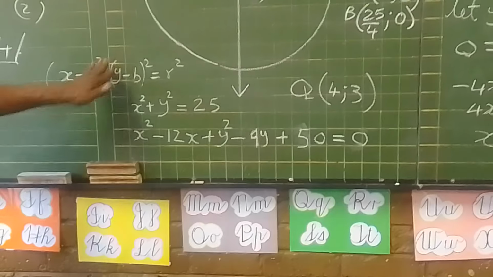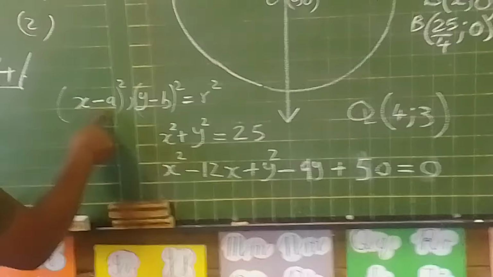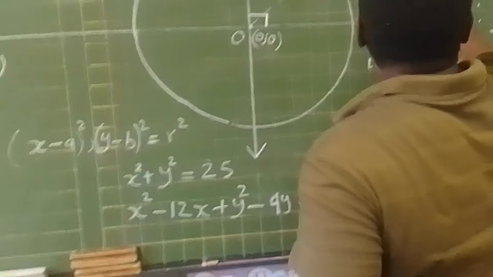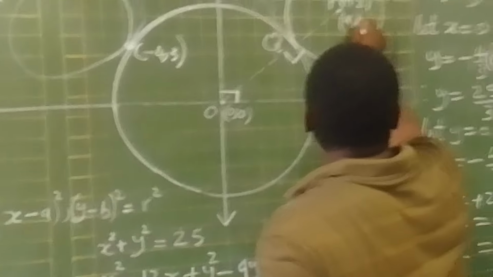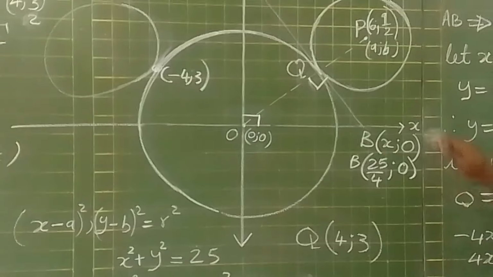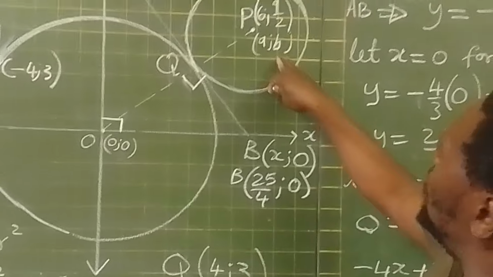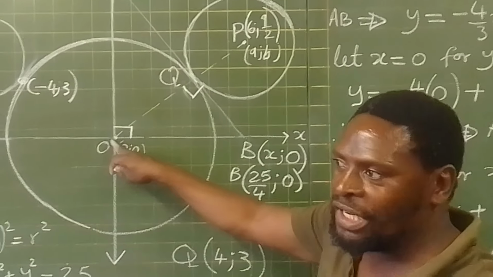Don't worry about this, just take x equals a, y equals b. So the center will be (a, b). You understand, grade 12s? So this is the center away from the origin.